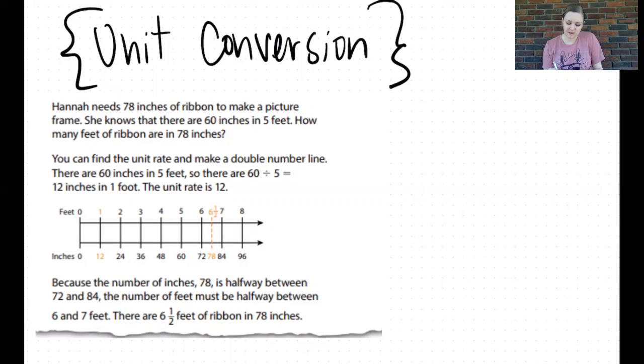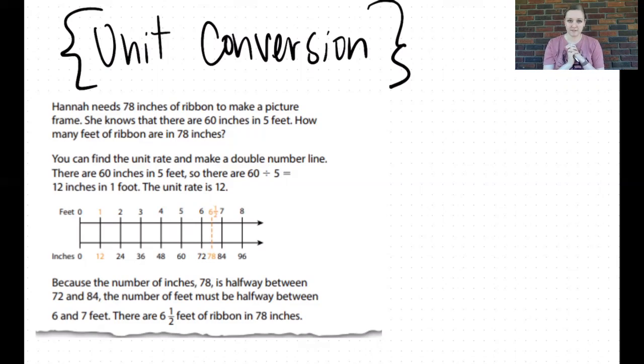You can see that right here, right? There's the 60 inches at the bottom, there's the 5 feet at the top. Those two things they're saying are equivalent, right? What's on the top and what's on the bottom of my double number line are equivalent.